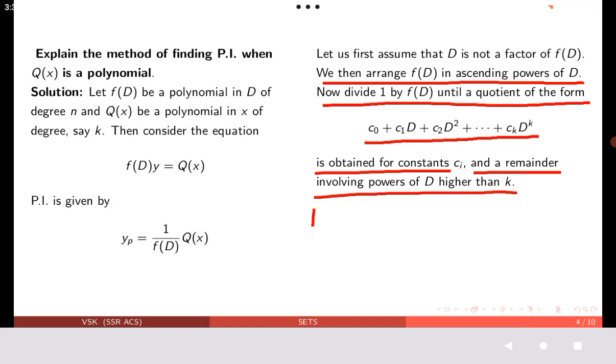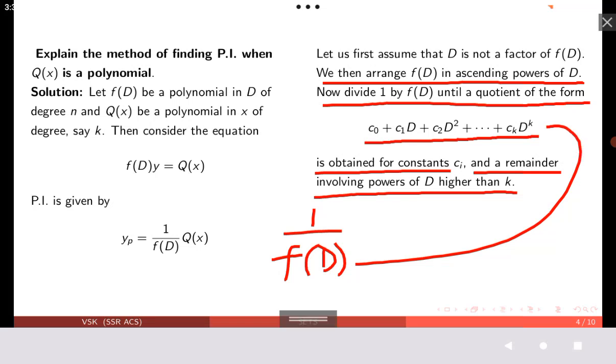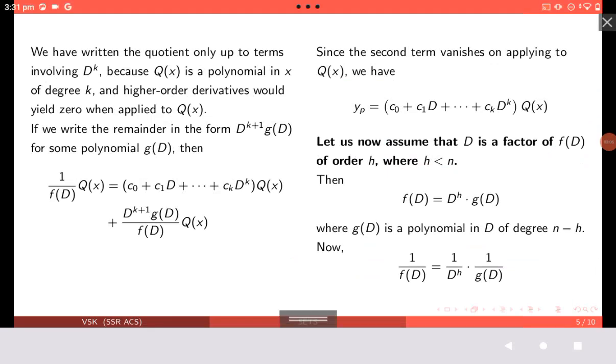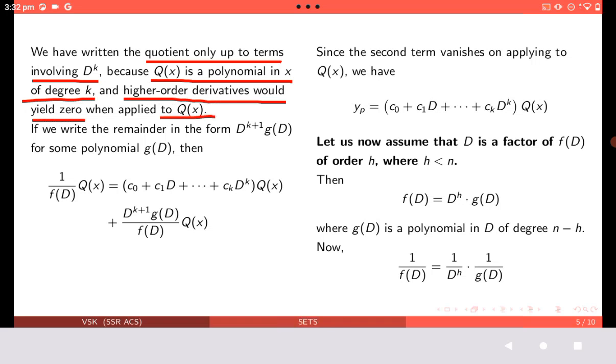That is, we start dividing 1 by F(D), and we get this type of expression as a quotient, and the remainder involves powers of D higher than k. This will be clear when we see some examples later on. We have written the quotient only up to the terms involving D^k because Q(x) is a polynomial in x of degree k, and higher order derivatives would yield 0 when applied to Q(x).